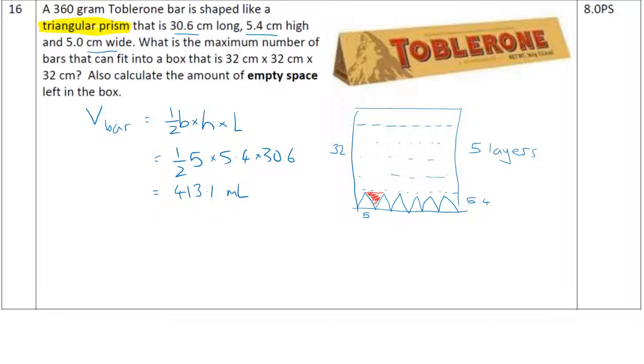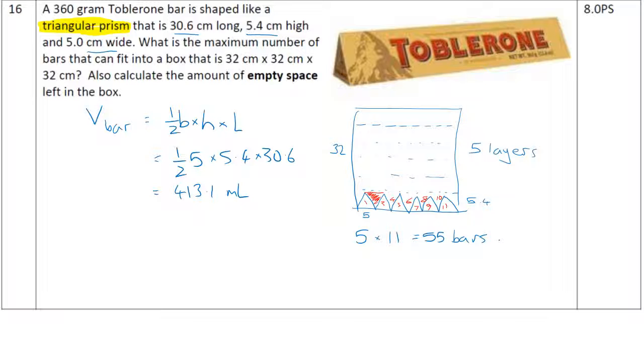So I can fit 11 bars in each layer. So I've got 5 times 11 equaling 55 bars. So that's what I reckon is the number of bars in the box.